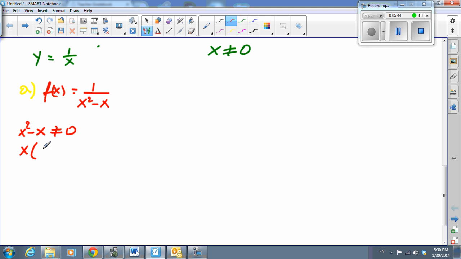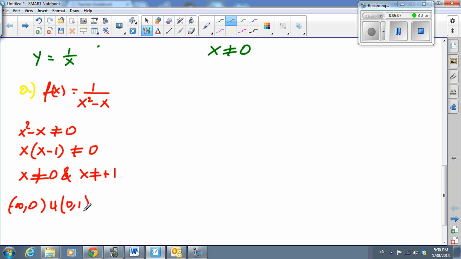And if you solve this one, you will end up with x is different than 0 and x is different than 1. If I want to write it as an interval, it's from negative infinity till 0, union 0 till 1, union 1 till infinity.